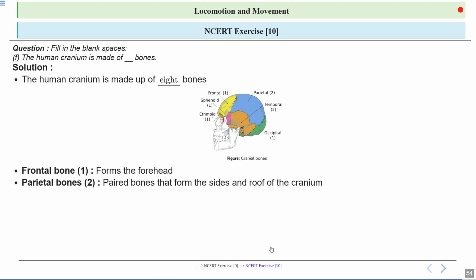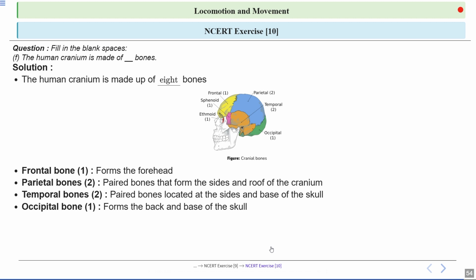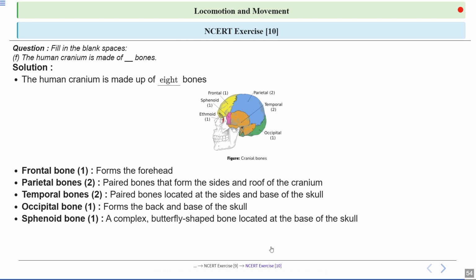Talking about the parietal bones, which are two in the cranium, paired bones that form the sides and roof of the cranium. Now the temporal bones, which are two in number, are paired bones located at the sides and base of the skull. Talking about the occipital bone, which is one in number, it forms the back and base of the skull.